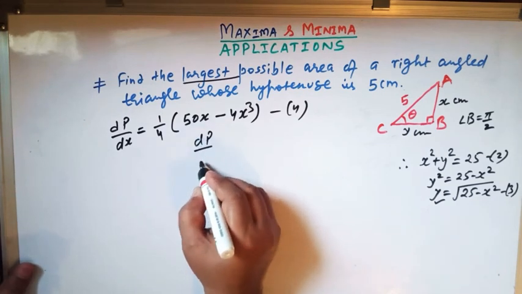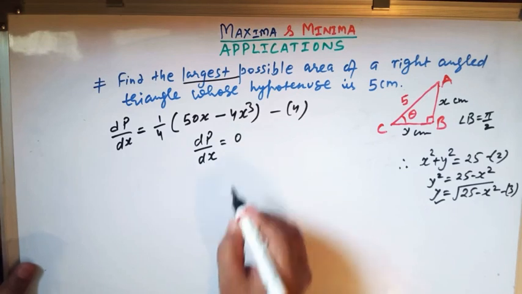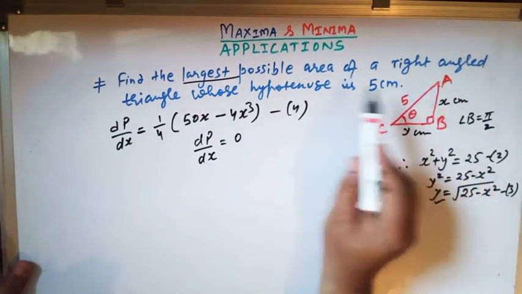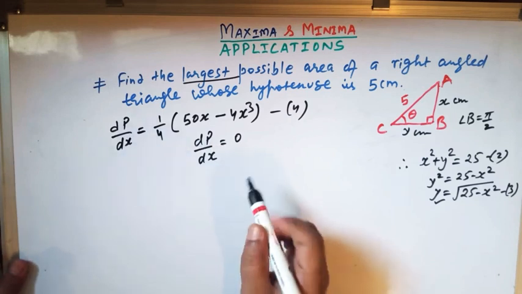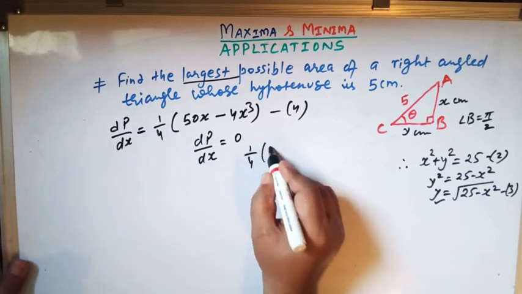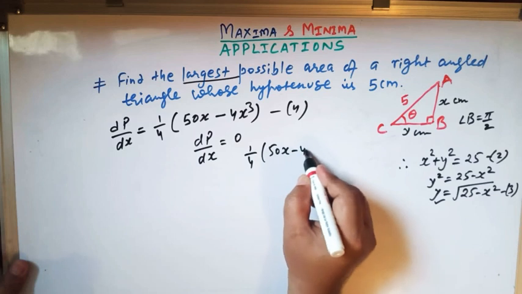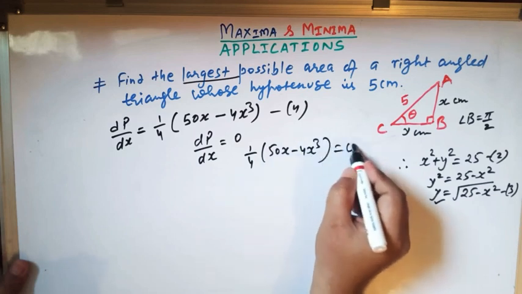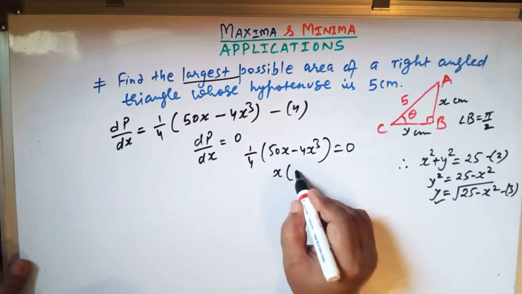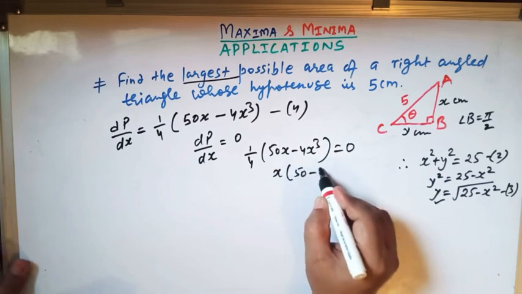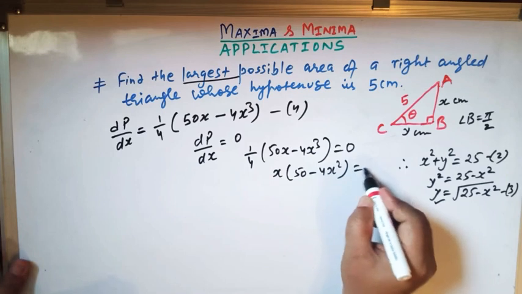Now we'll put dP over dx equal to 0 for the largest possible area. Clear? So we have 1 by 4 of (50x minus 4x cube) equal to 0. So from here we get x(50 minus 4x square) equal to 0.